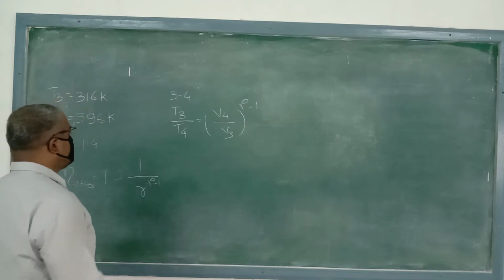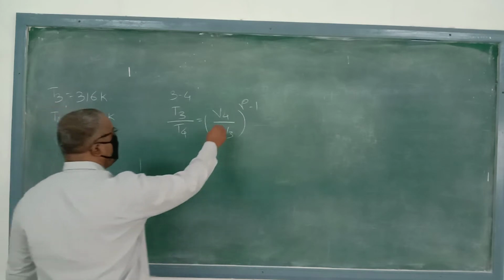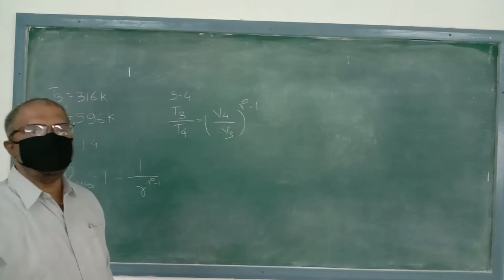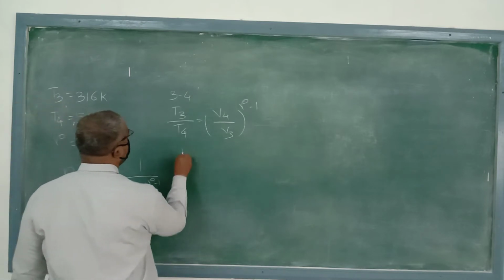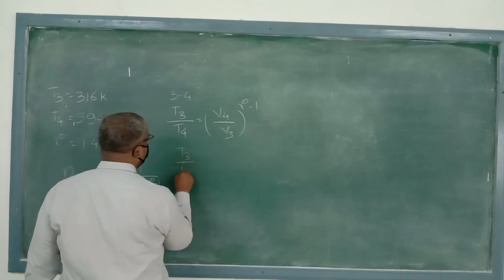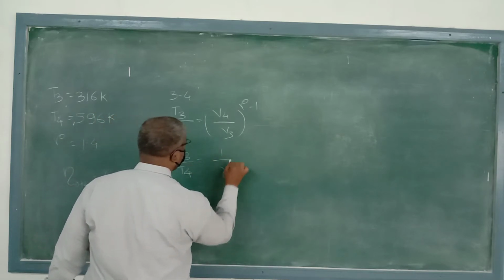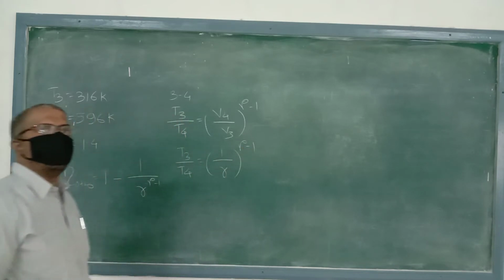In this relation, V3 upon V4 is the compression ratio. So we can also write T3 upon T4 is equal to 1 upon r raised to gamma minus 1.